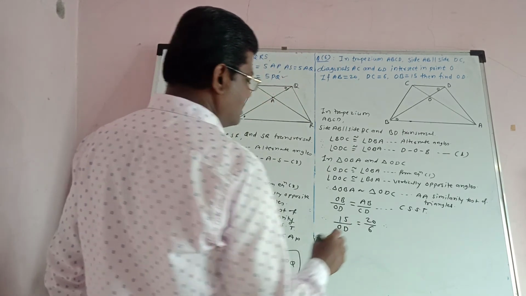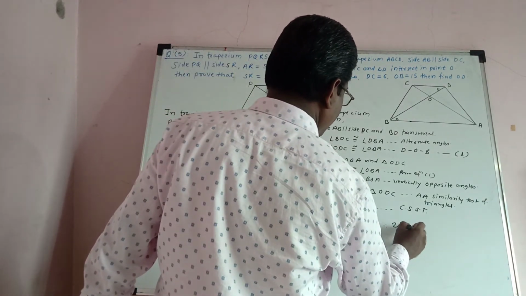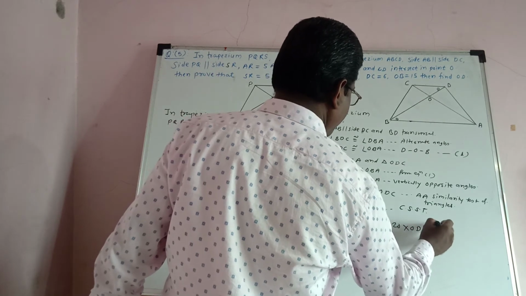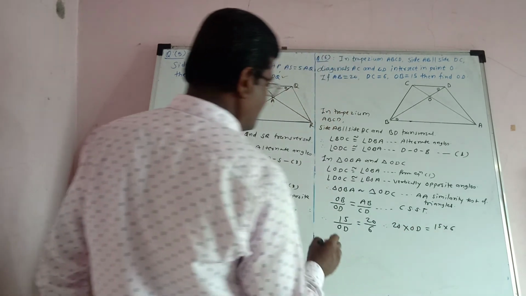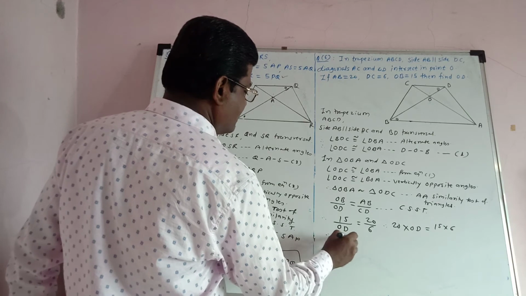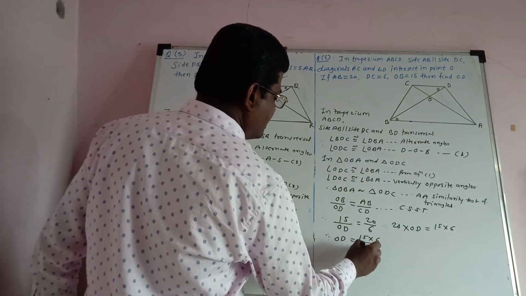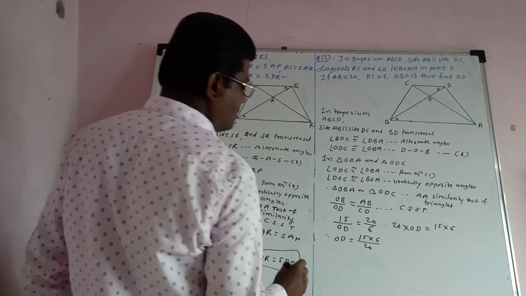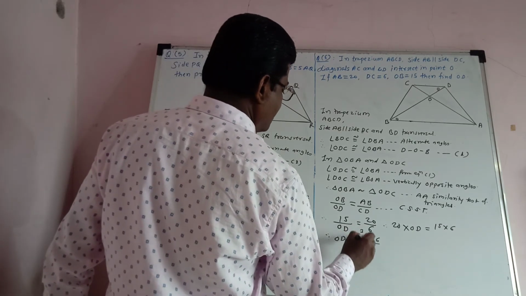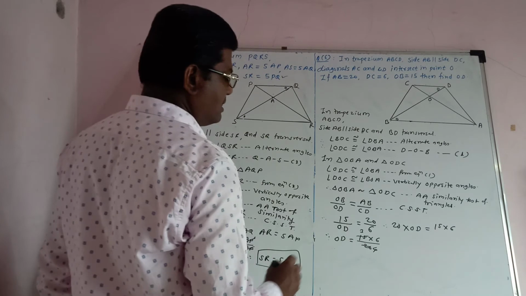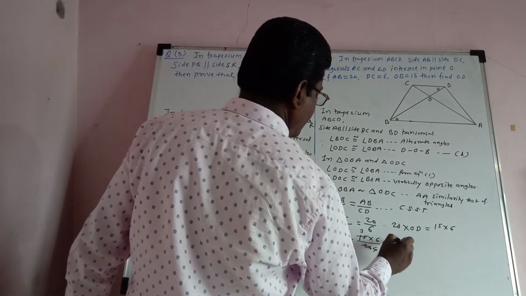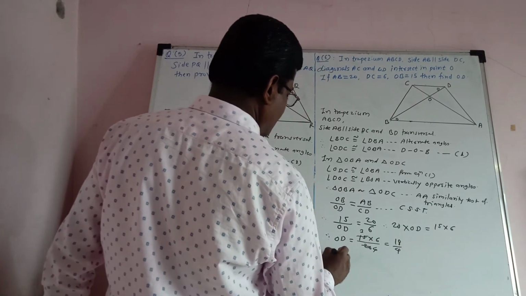Therefore by cross multiplication, 20 into OD is equal to 15 into 6. Therefore OD is equal to 15 into 6 upon 20. Divide by 5. 5 3s are 15, 5 4s are 20, 6 3s are 18, upon 4.